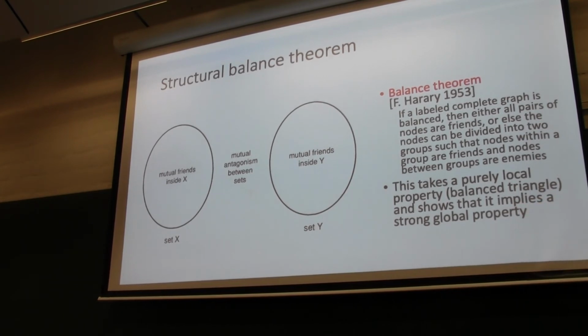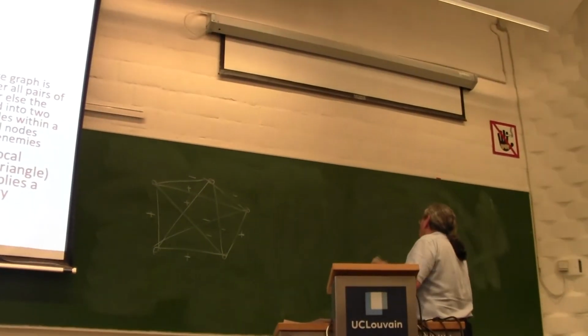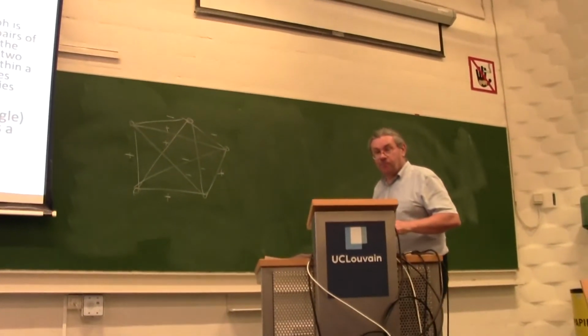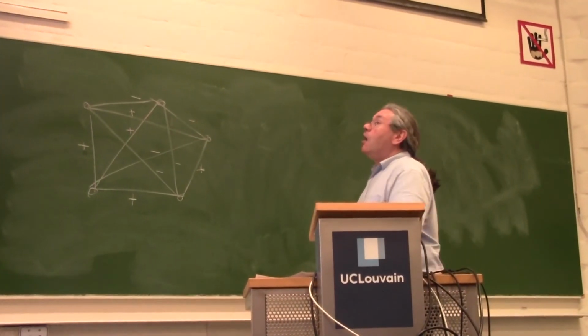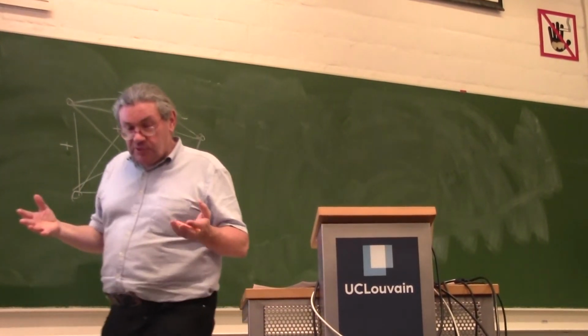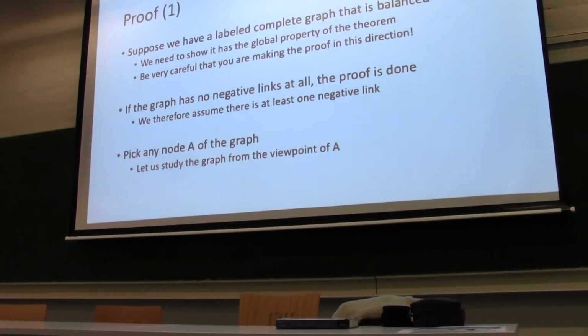So now I will give you the proof of that. Okay? And you have to understand that proof. It's important to be able to reason on graphs. Okay? So we're going to do the proof. Okay, so we suppose that we have a labeled complete graph, and it's balanced.